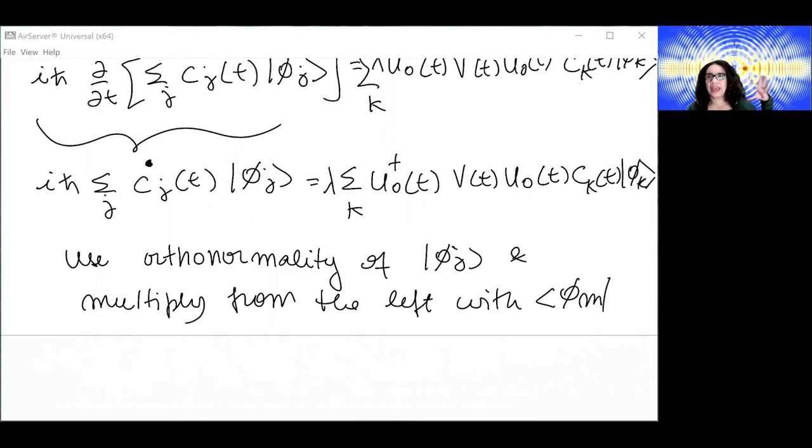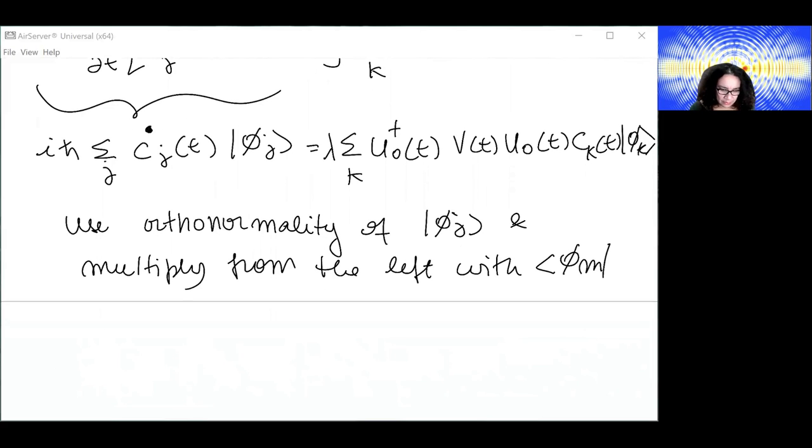So I'm going to have an arbitrary eigenvector phi_m, and I'm going to multiply it from the left. I'm going to use the bra.